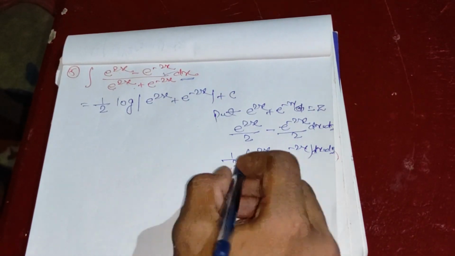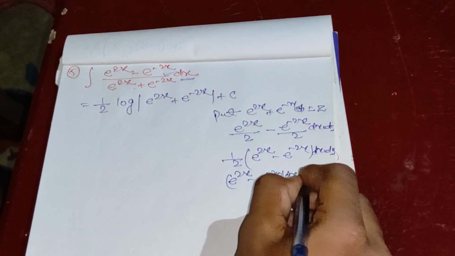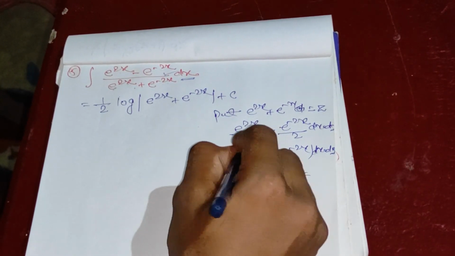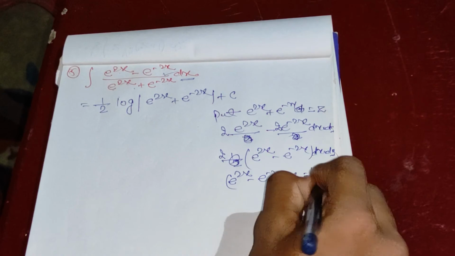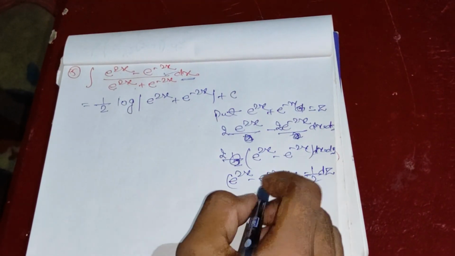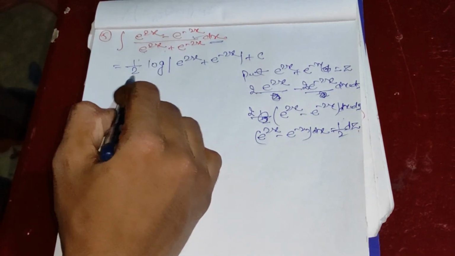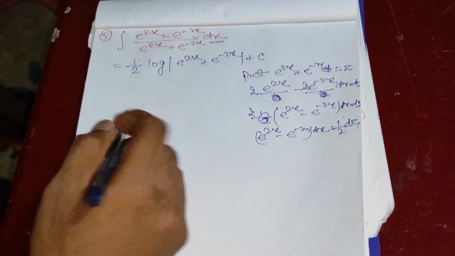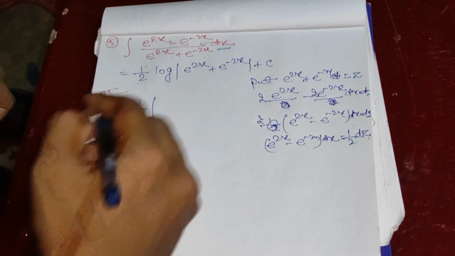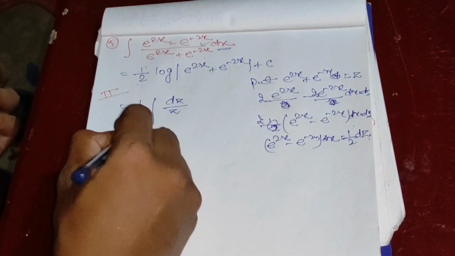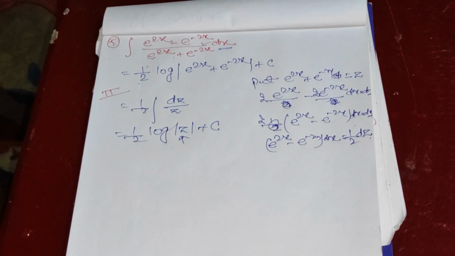Now there is a 2 in the multiplication, so it goes here: e to the power 2x minus e to the power minus 2x dx equals 1 by 2 dz. So by the second method, it becomes dz by z, and as we know it becomes log of z plus c, and then put the value of z.